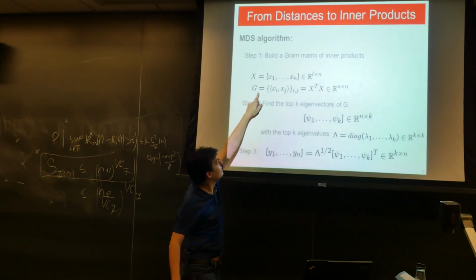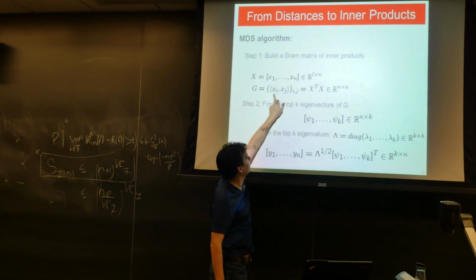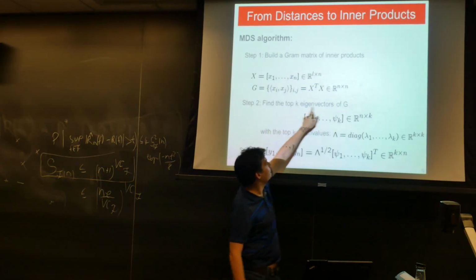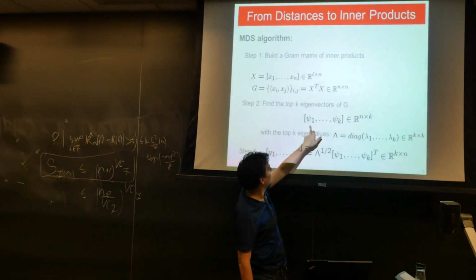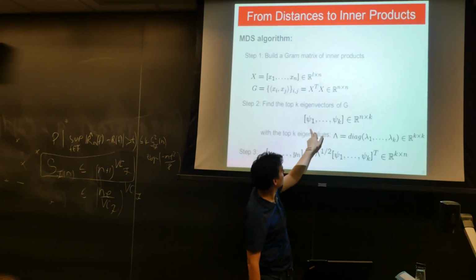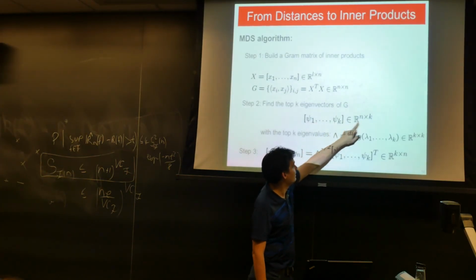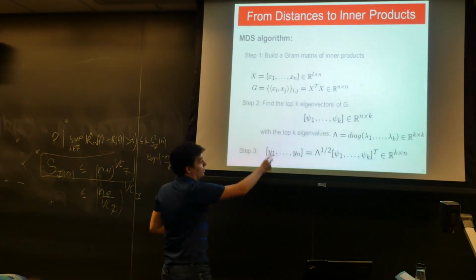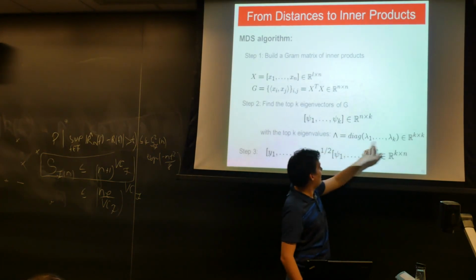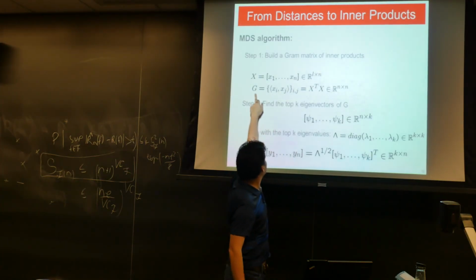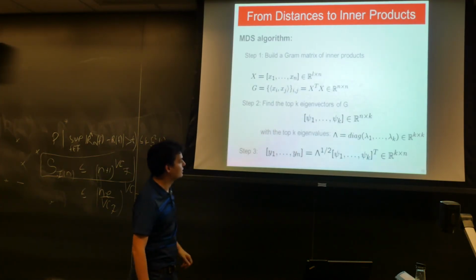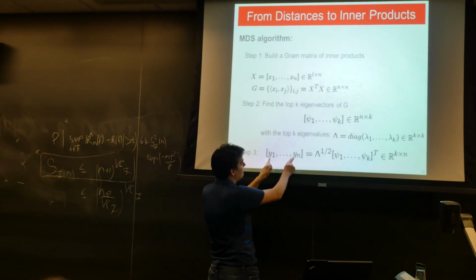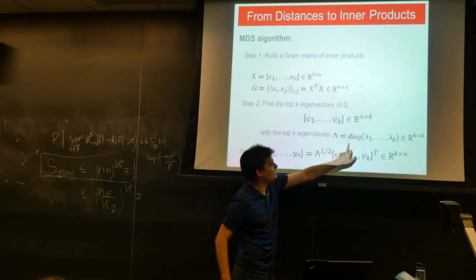You had n feature vectors, so G, this Gram matrix, is n by n. You calculate the top k eigenvectors of G, so you calculate the top k n-dimensional vectors. These are psi1, psi2, ..., psi_k, so this is an n times k matrix. Lambda are the top k eigenvalues of this matrix G. And then we just say that the embedded points y1, y2, ..., yn are defined with this matrix product.